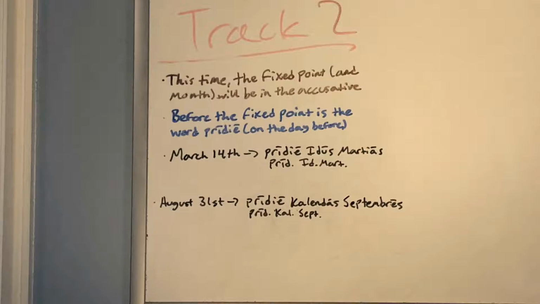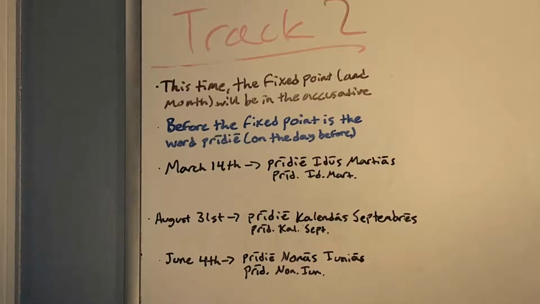That's the form of the third declension adjective that will agree in gender, number, and case with calendas. That would be abbreviated as you see there. Once again, pridie is abbreviated with PRID. June 4th, which is the day before the nones of June, would be, as you see there, pridie nonas junias.